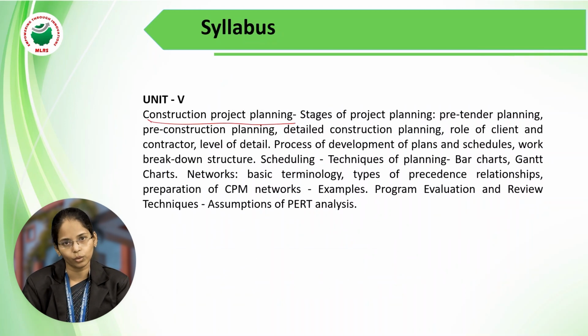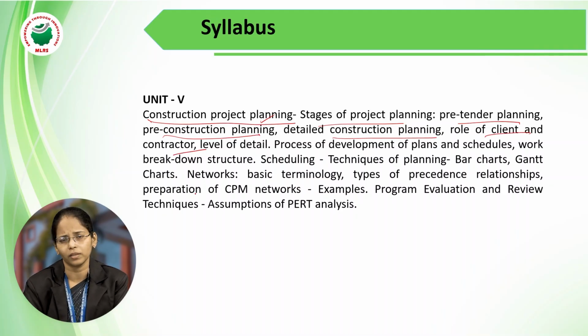Next, coming to unit 5, we go to planning management. How we need to plan a project, how we need to complete the project, how we need to start the project, everything, the stages, how many stages are involved. Next, pre-tender planning, pre-construction planning, detailed construction planning, role of client and contractor.